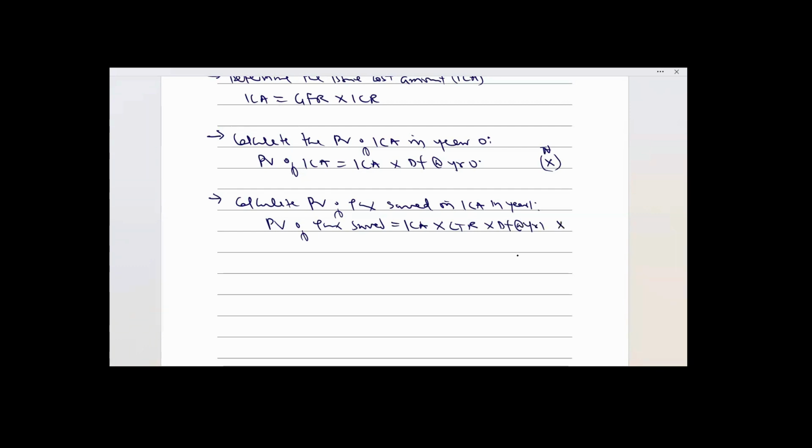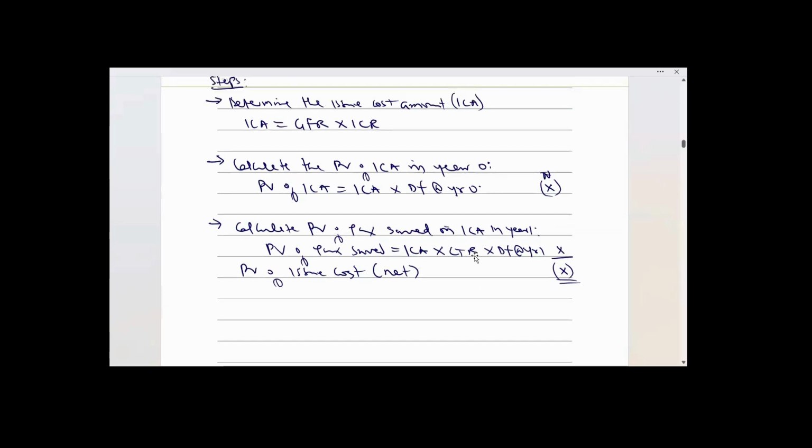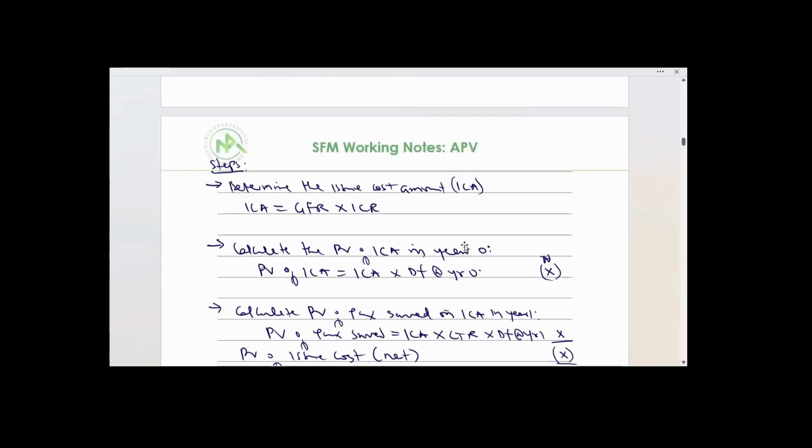Whatever I have, I will post. So the difference between the two, of course it has to be negative, will give me the PV of issue cost. If you like, you can say the net. So this is how to calculate the present value of issue cost.